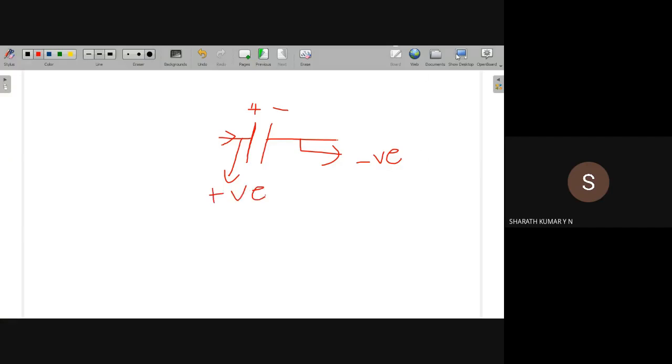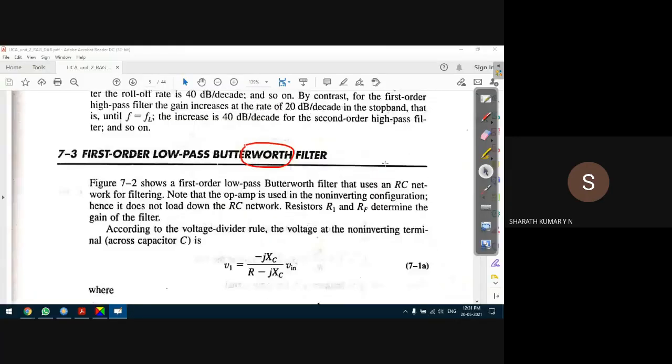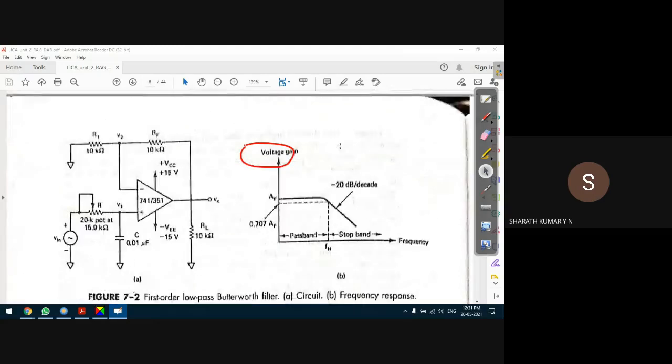In this network, V1 is at this end, the non-inverting input point. When the capacitor is charging, this end is positive and the other end is negative. But when the capacitor discharges, this end becomes negative and the other end becomes positive.